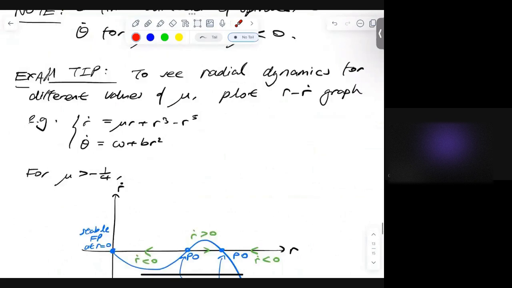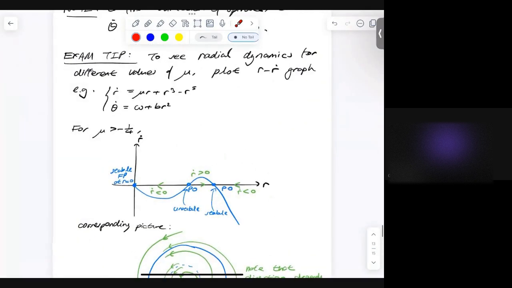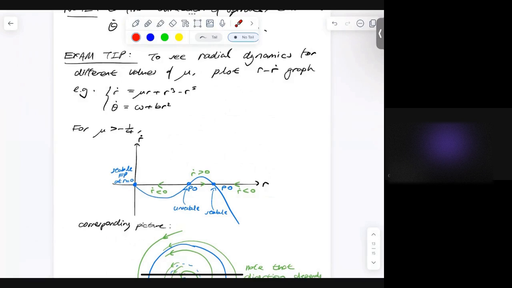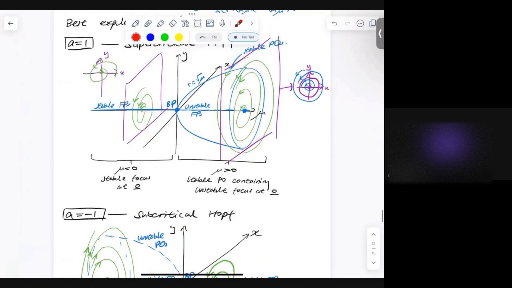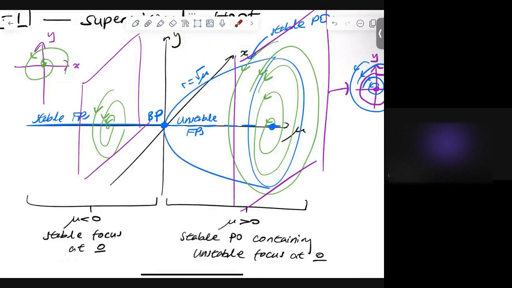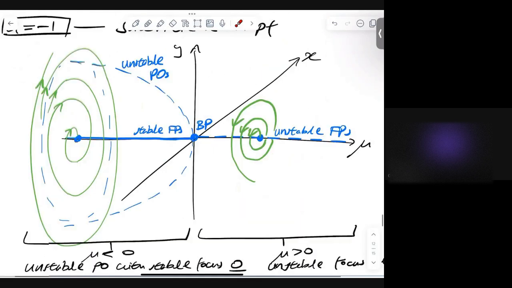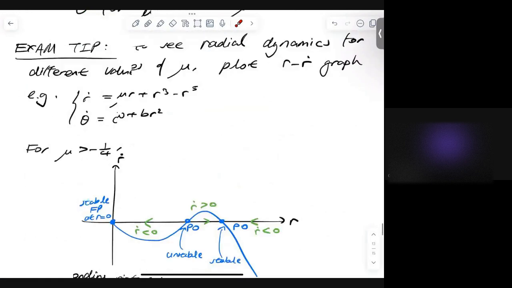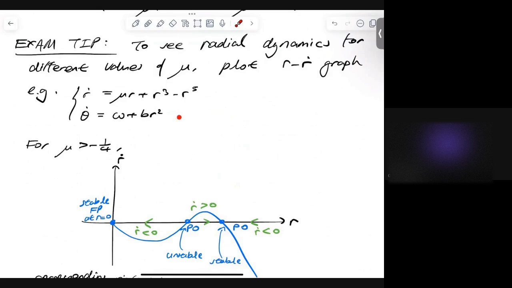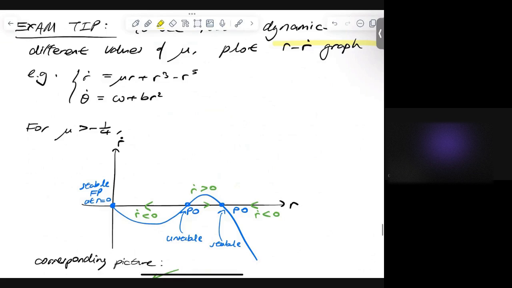And just to end off, there's a little exam tip that our lecturer actually did as part of a non-examinable section, but I thought it was quite useful. If you want to see the radial dynamics for different values of mu, for example to find out whether you have a stable PO, an unstable PO, or no POs, then take your system and plot an R dot graph, a plot of R against R dot.